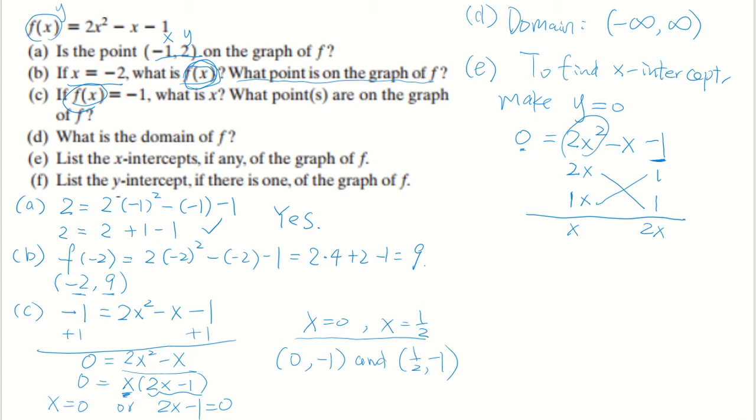Look at the middle term here. The middle term is negative x. So to get negative x in the middle, I need this 2x to be negative. Trace it back: 2x times negative 1 will give you negative 2x. And check over here, 1 times negative 1 is equal to negative 1.